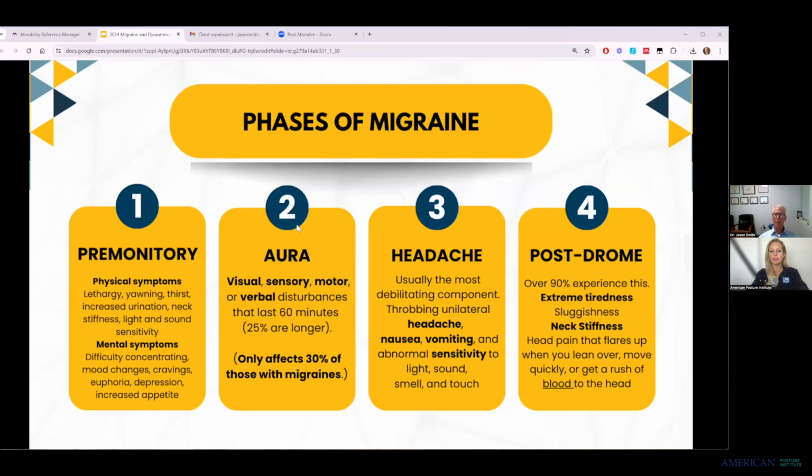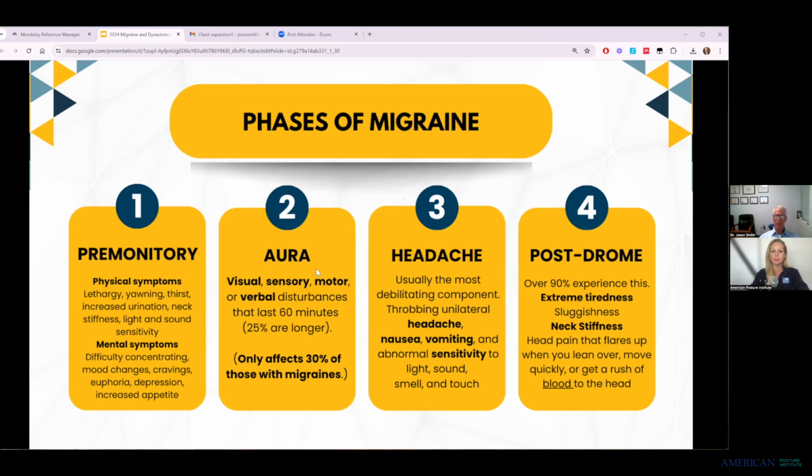So let's talk briefly about the phases of migraine. Most of us know that there's a premonitory phase, an aura, a headache, and a postdrome. The premonitory can start anywhere from a few hours to sometimes even days before the headache actually hits.